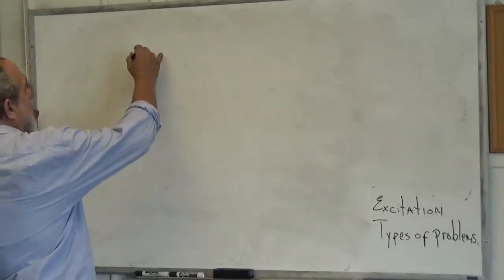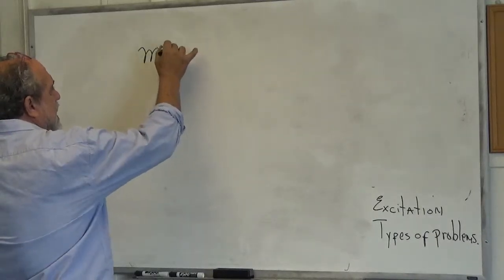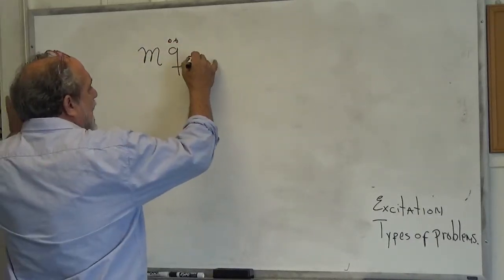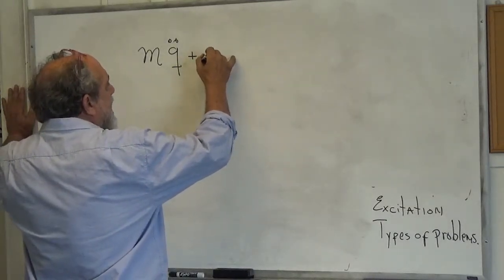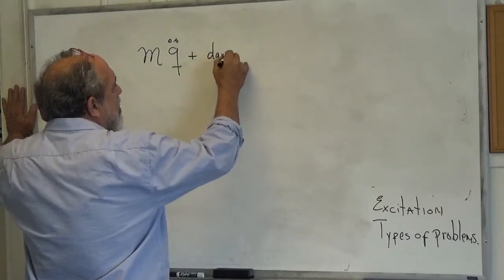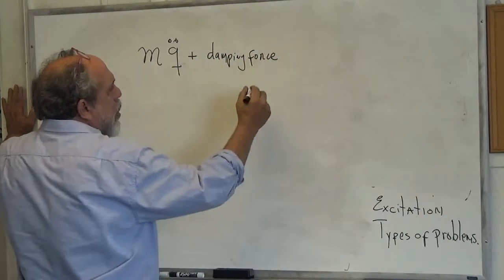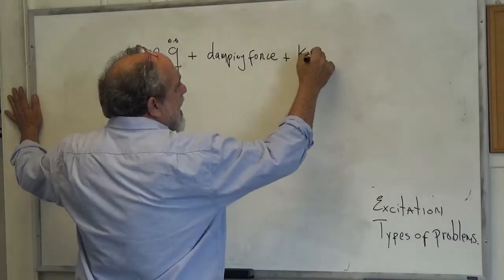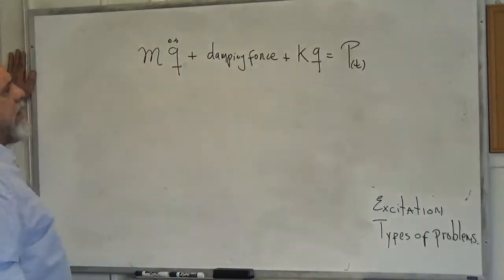If you write the equation of motion like this, let's say you take a single degree of freedom system, and then you say over here there is some damping force, you don't commit, and then you say KQ here, and then you say PT, right? You could do that.